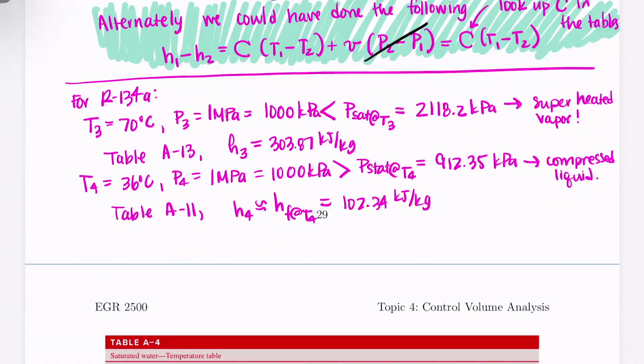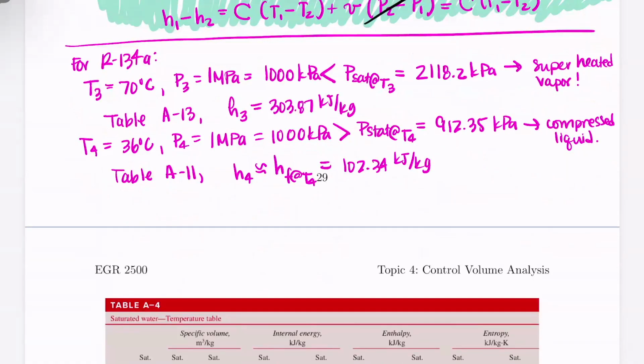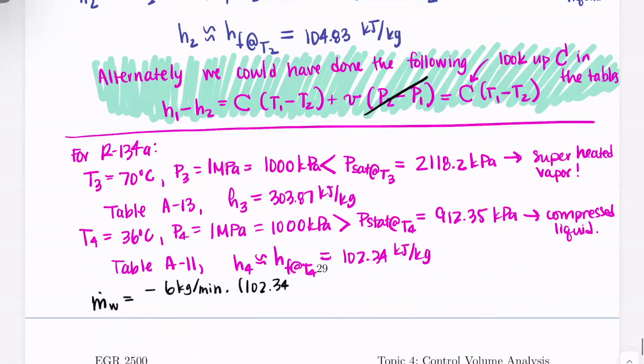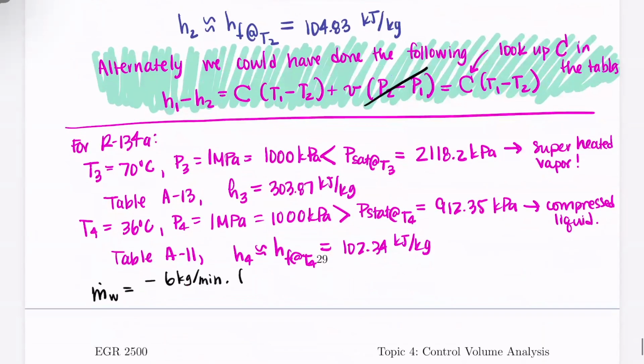Okay, so now we're just gonna pop all of that information into our m dot equation. So we have our minus 6 kilograms per minute times, nope, sorry, that one comes second. So we have H3 minus H4.